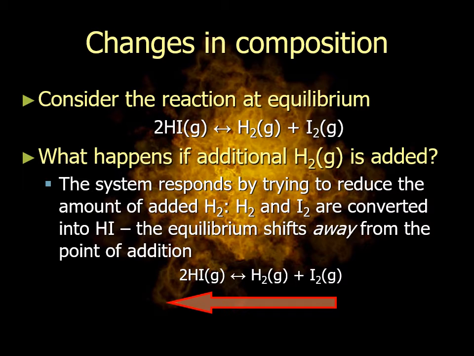So the system will respond by trying to reduce the amount of H2 that you've added, which means that some of the H2 and some of the I2 are converted into HI, and the result is the system shifts away from the point of addition. So if I added a product, it shifts towards the reactants, from right to left, as the arrow indicates. So if we can agree that that is logical, then all the other possible changes that you can do must follow logically.